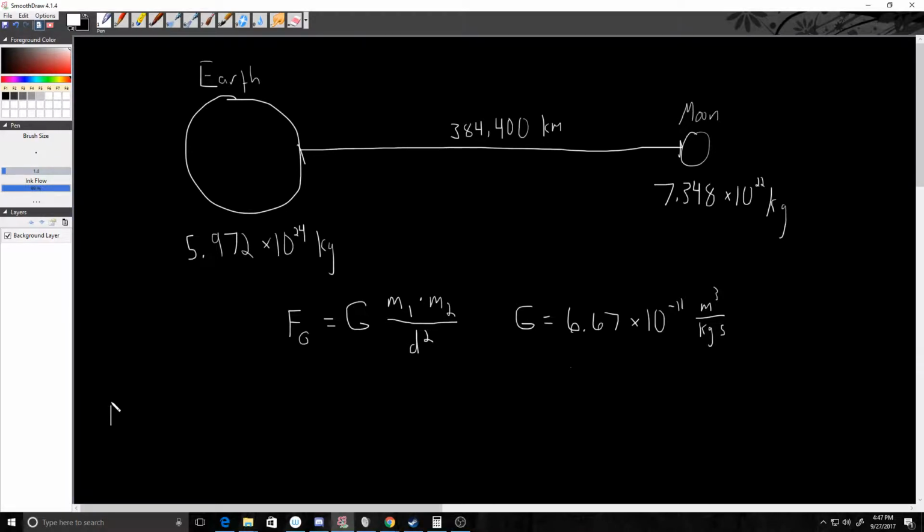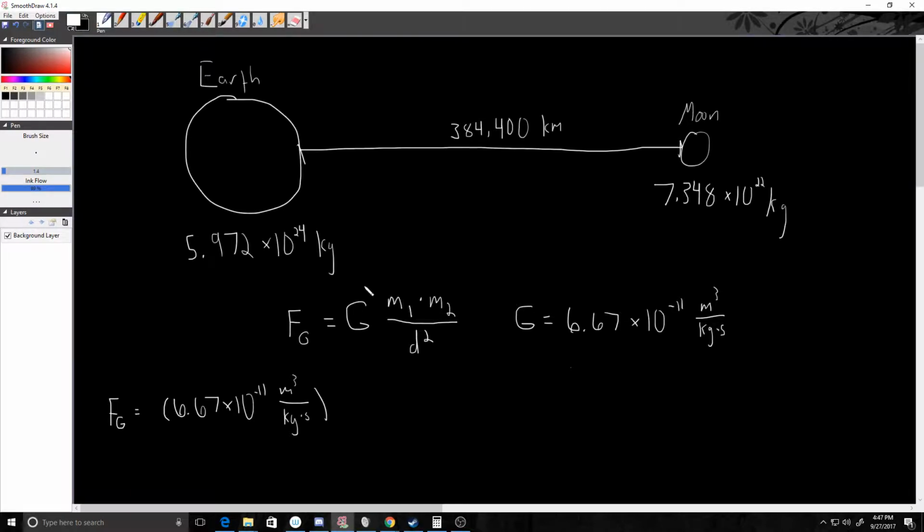F of g, big G, 6.67 times 10 to the negative 11th meters cubed per kilogram second.